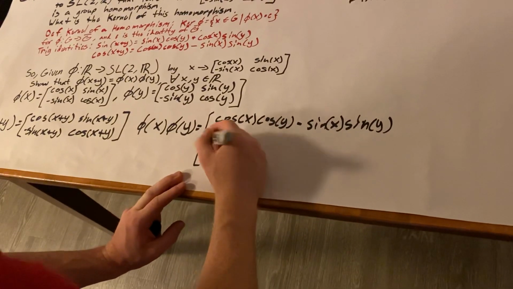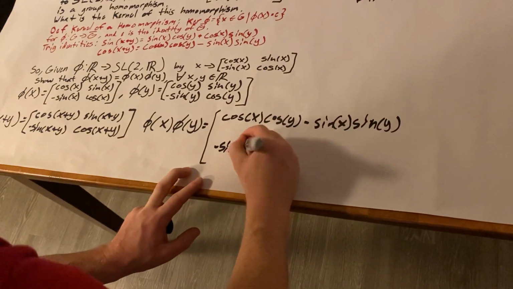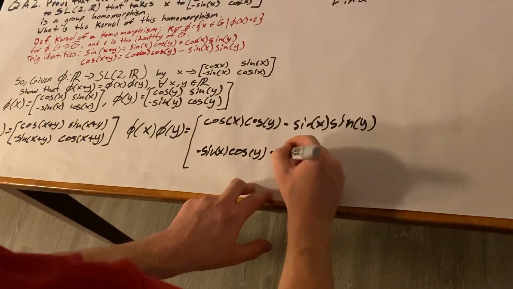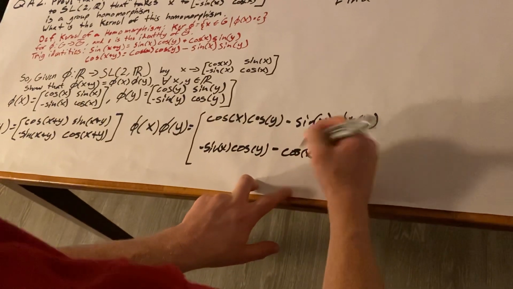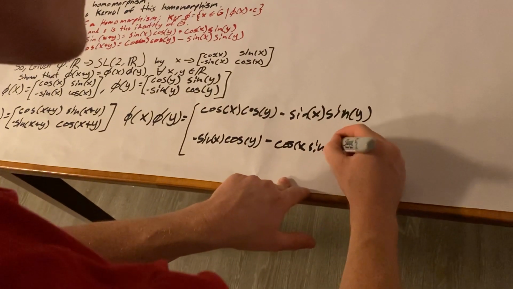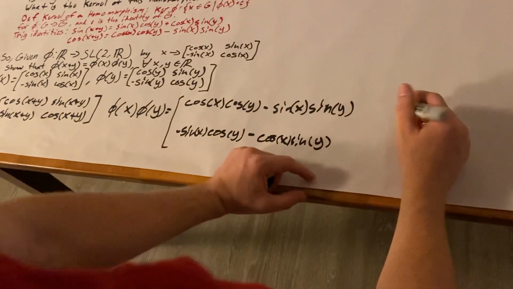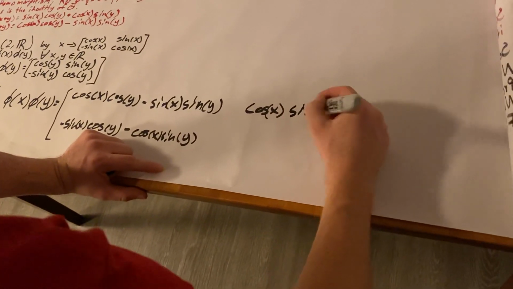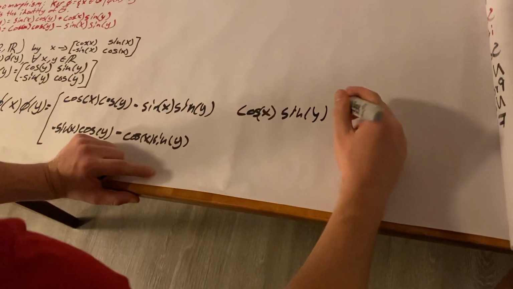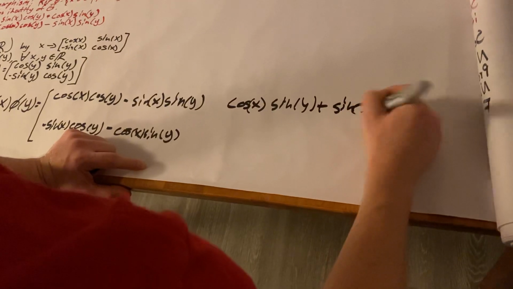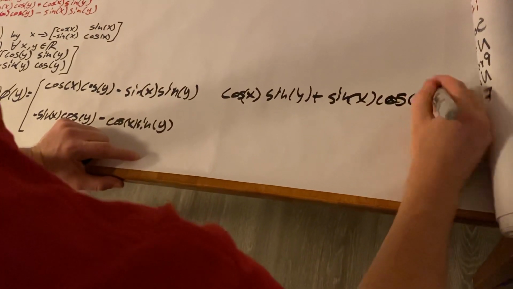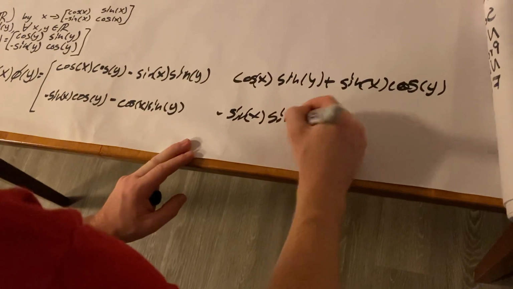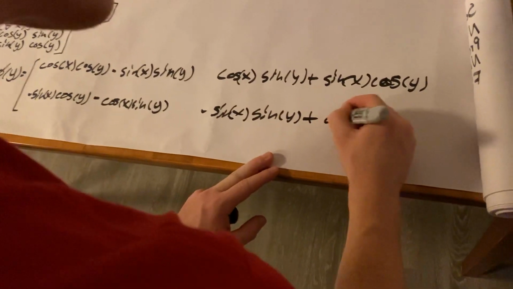And here we have negative sine x, minus sine y, and over here we have, okay, and finally we have negative sine x sine y plus cosine of x.